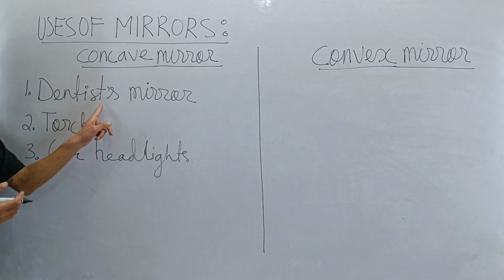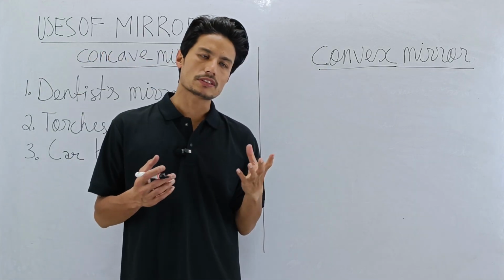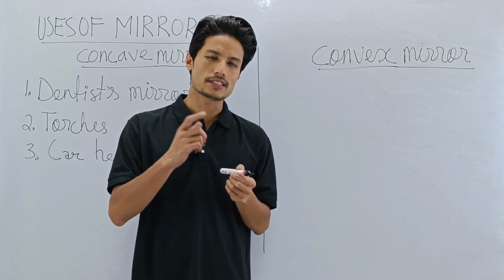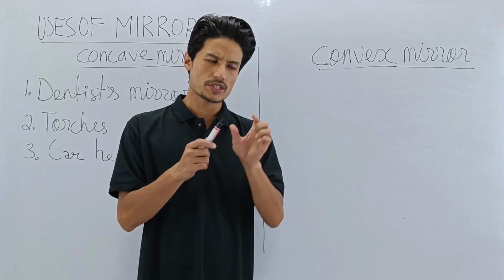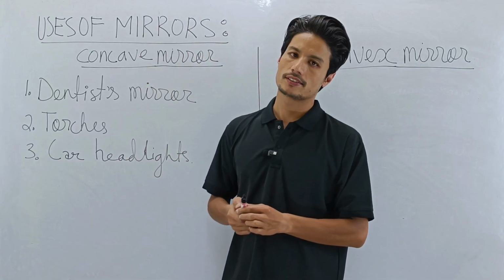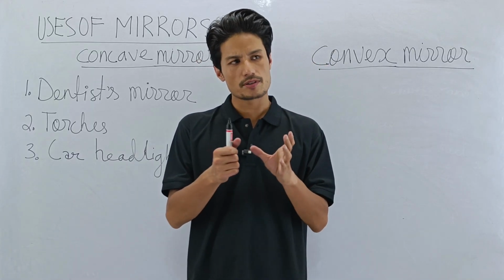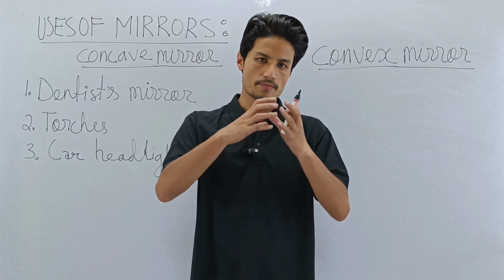Whenever you go to a dentist, the dentist will tell you to open your mouth, and then will examine your teeth with a special tool which has a mirror attached to it. The mirror attached is a concave mirror, because a concave mirror produces a magnified image.